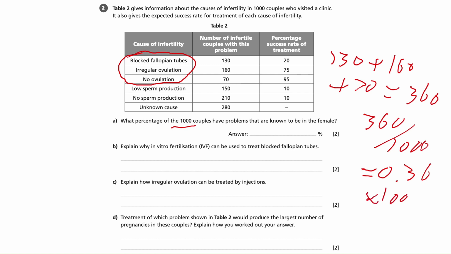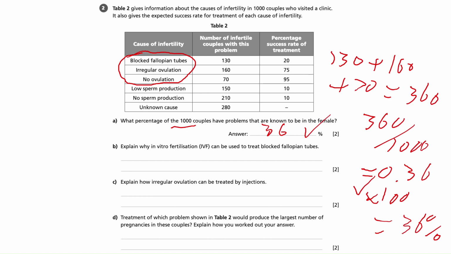Times by 100 to give us an answer of 36%. So the answer there for part A is 36%. Now, you get 1 mark there for the calculation. So this section here with our working out, we get 1 mark, and then we get 1 mark for our final answer there.